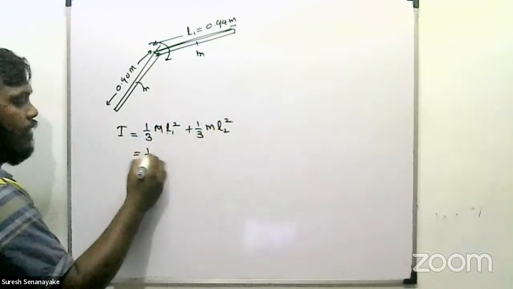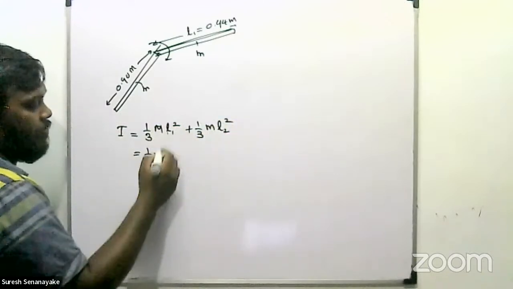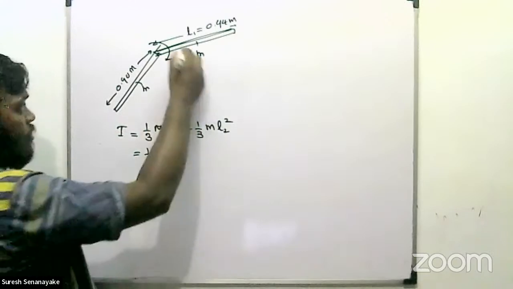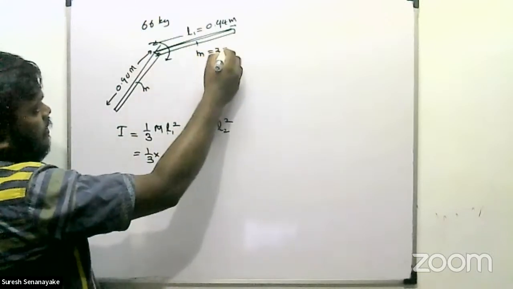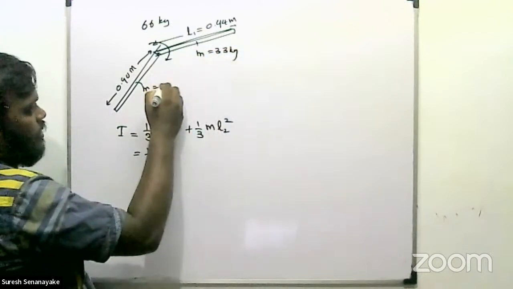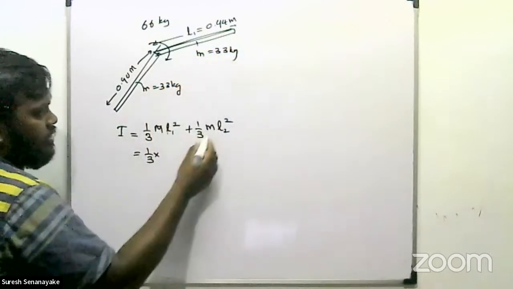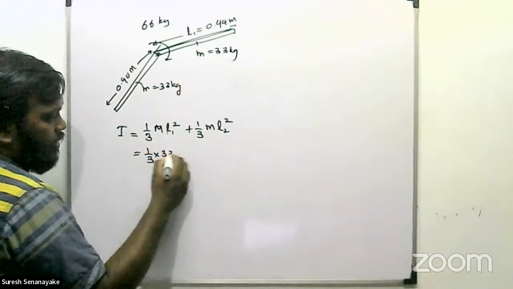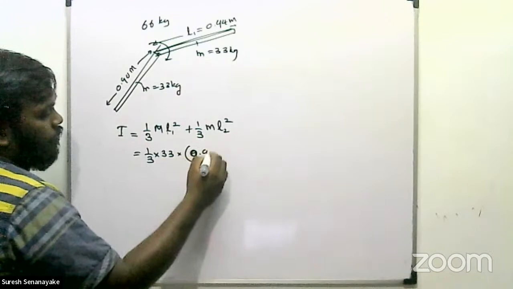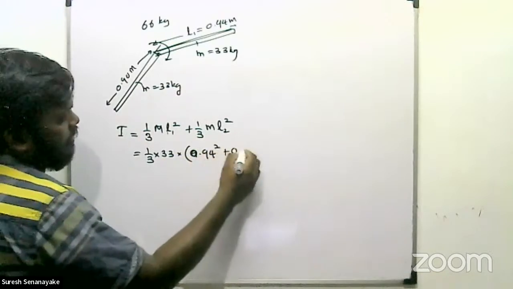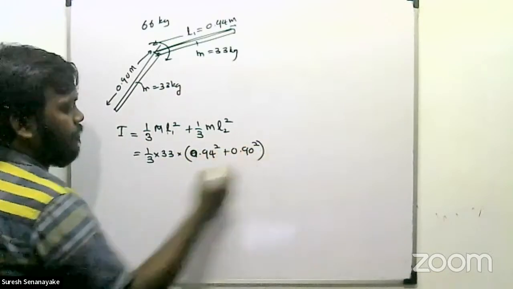So 1/3, and the mass is the same. I'll take it out, because the total mass is 66 kilograms, so this should be 33 kilograms and this should be 33 kilograms. So I'll take this M out and it is 33 kilograms. And L1 is 0.94 square plus 0.90 square.